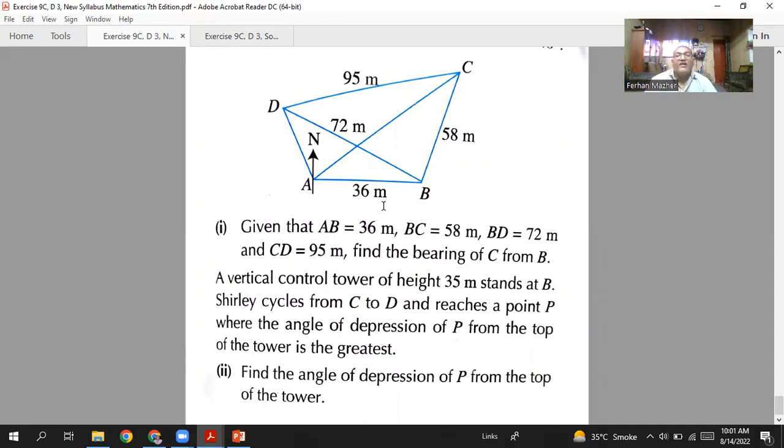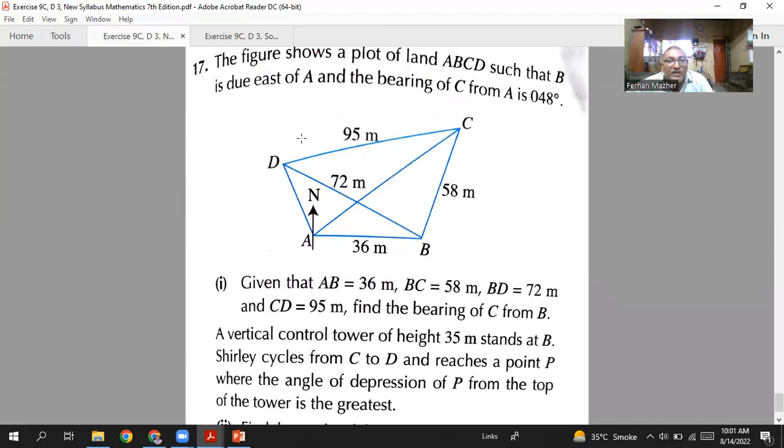So find the angle of depression of the P from the top of the tower. Okay, so she is cycling from C to D. The tower is at the point B, and that tower is 35 meters high. Okay, so when will the angle of depression be greatest?